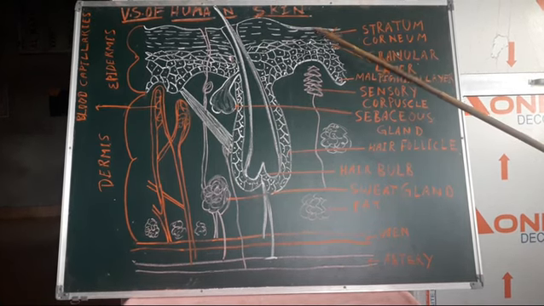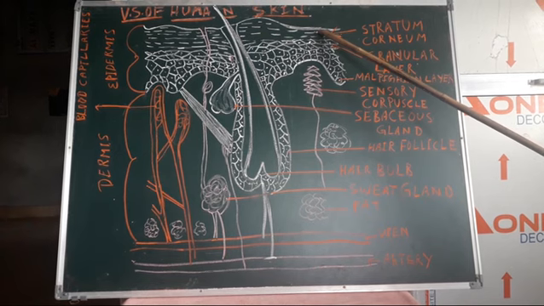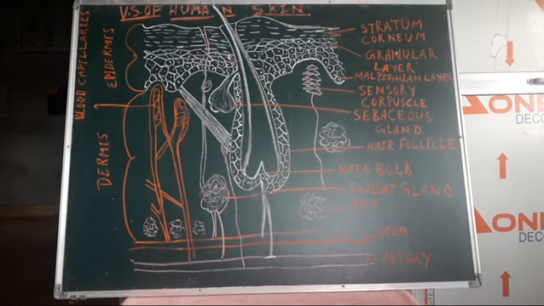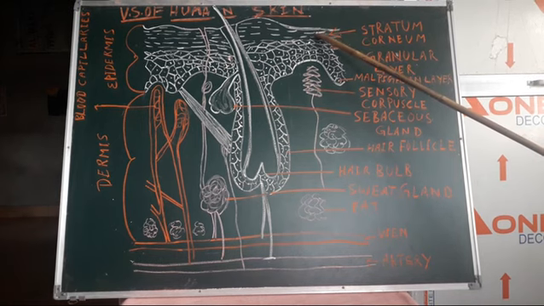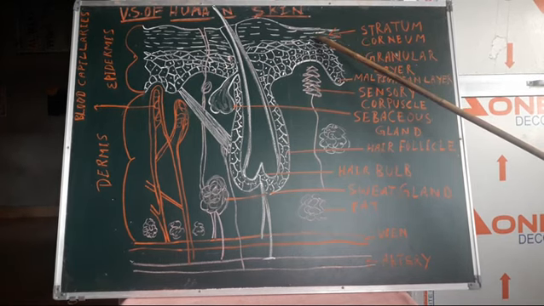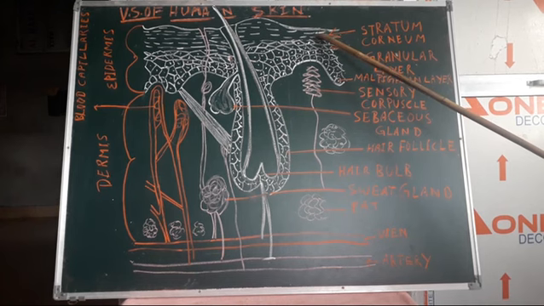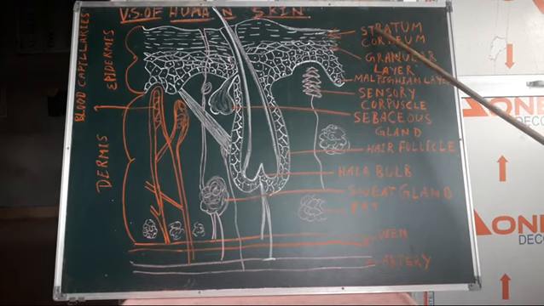Epidermis is the outer part of the skin. It is formed of stratified epithelium piled up one after the other, layer after layer, made of stratum corneum.